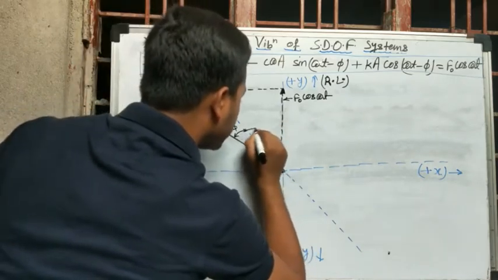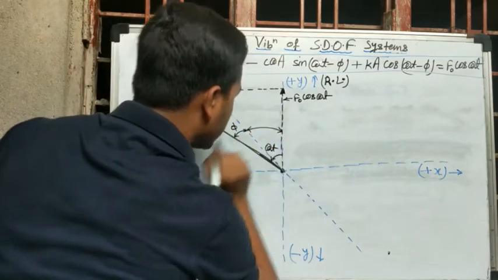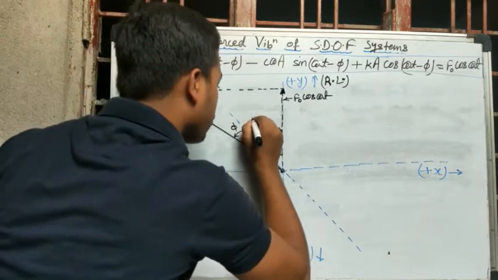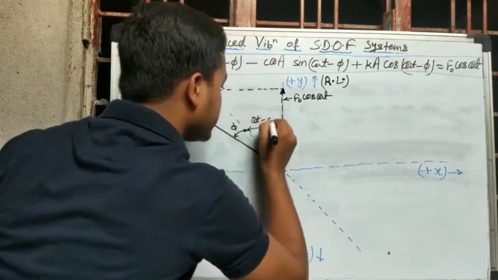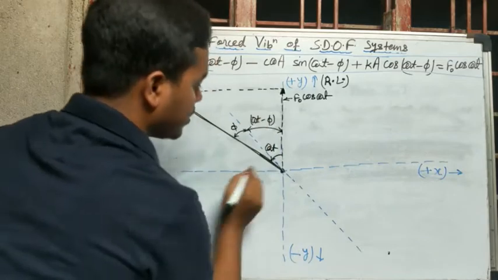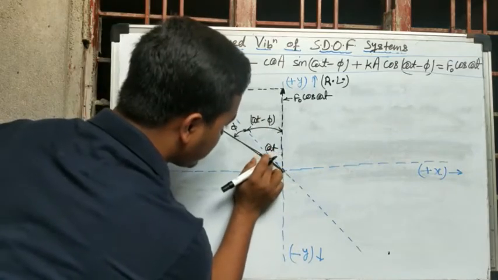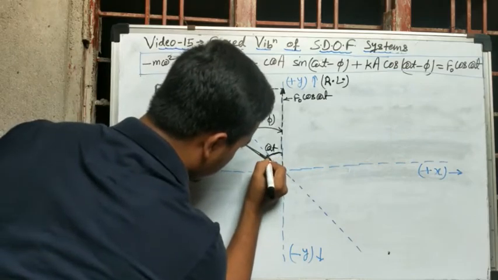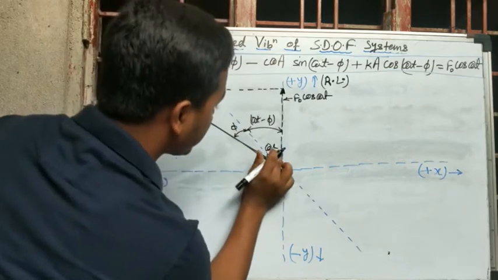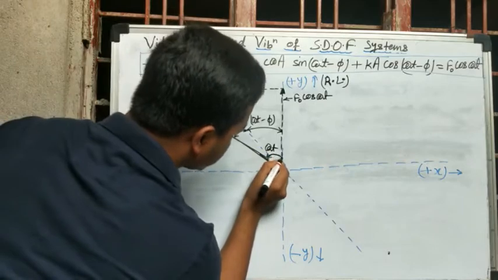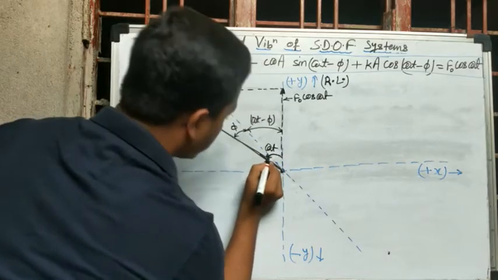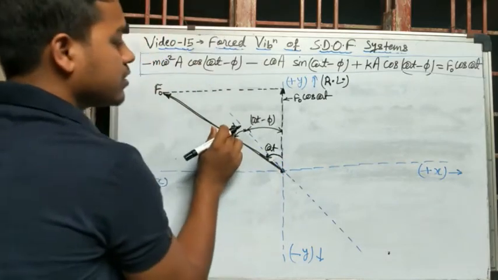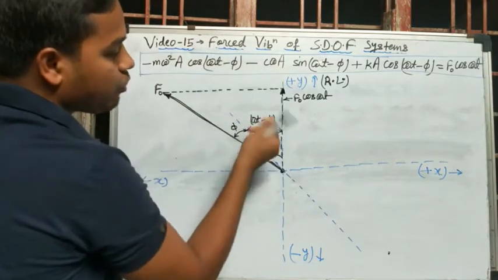So now how much is this angle? This angle will be omega t minus phi. This total angle is omega t, right? So out of this omega t, phi has been removed. So remaining will be omega t minus phi.